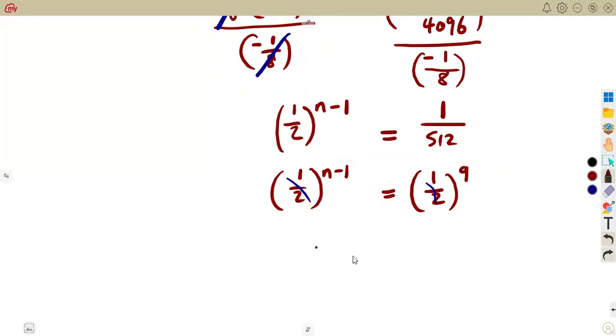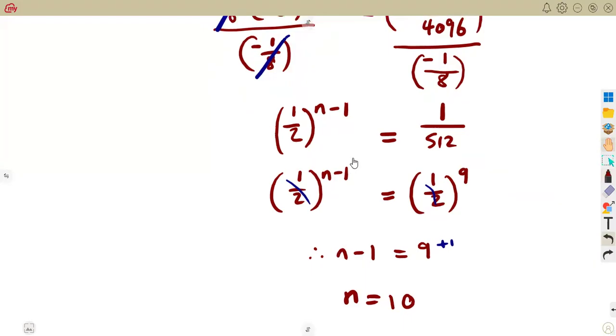Therefore, n minus 1 must be equal to what? 9. So taking the minus 1 to the other side, it was going to be a positive 1, meaning to say n is equal to what? 10. That is the condition. That is our condition.